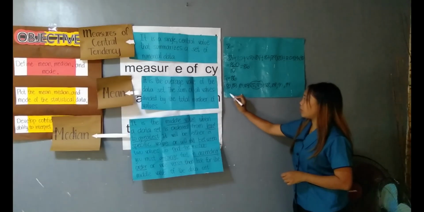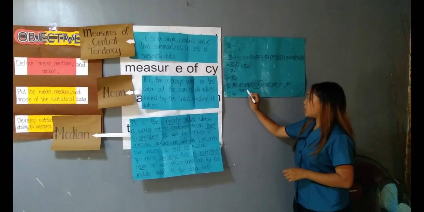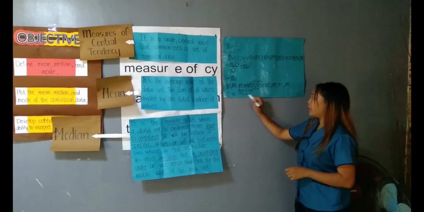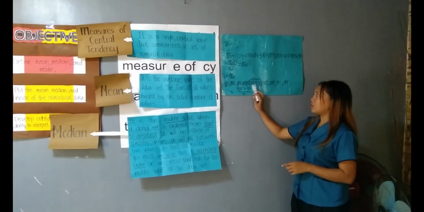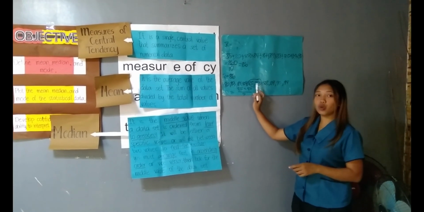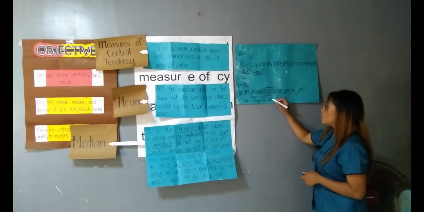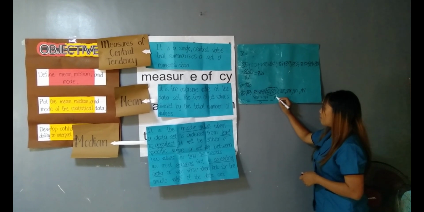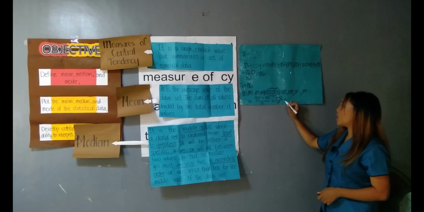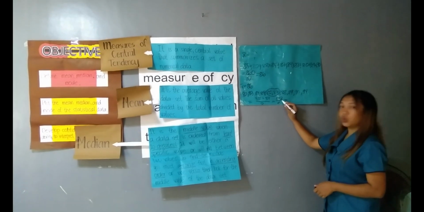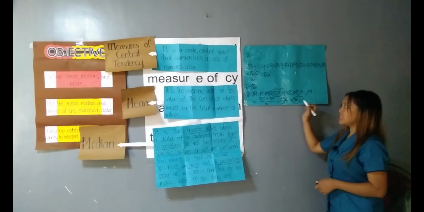So here we will have 85 plus 87 over 2. Question, nganong 2 kay duha ra man sila? To find our median kay wala man siya, dili man siya buong cake, so ato siyang ibalik diri ang formula. Our answer is 172 over 2, or divided by 2. So 172 divided by 2 is 86. So our median now is 86.